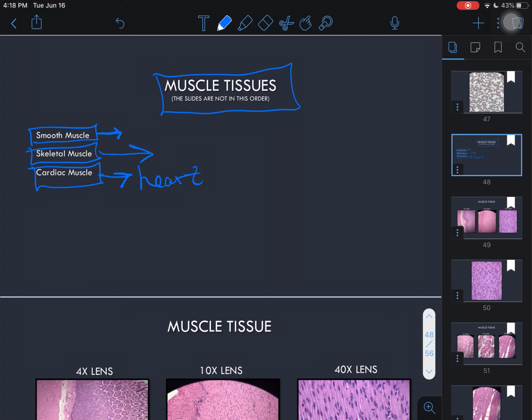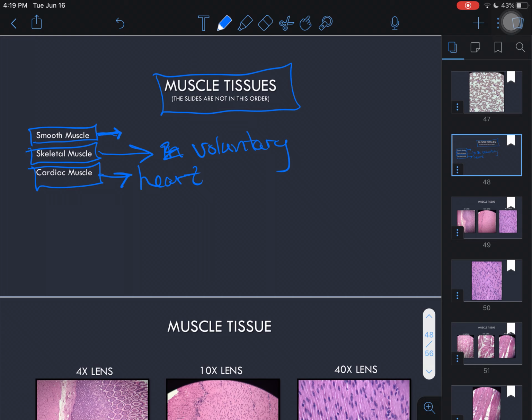Skeletal muscle is different because it is the only muscle in charge of voluntary movement. Voluntary meaning I scratch my nose, or I use my legs to run, or use my arm to pick something up.